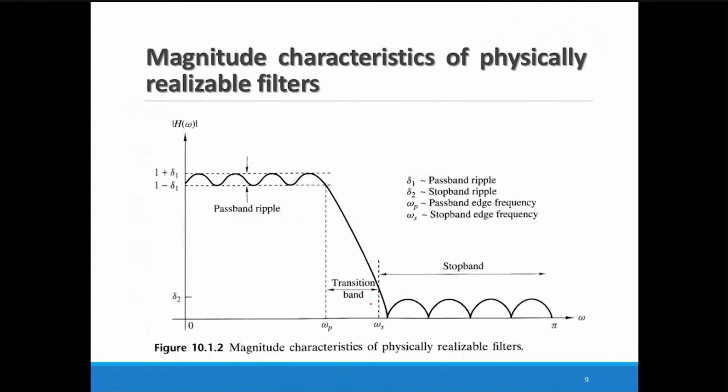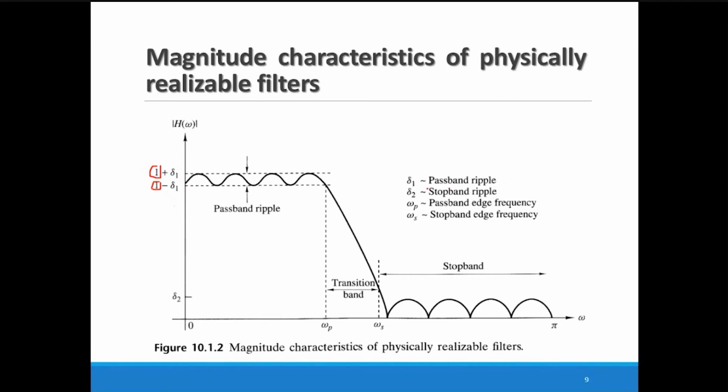This is the magnitude characteristic of the physically realizable filter. As we are allowing this, your passband has some ripples because you are not getting the constant value 1; you are allowing some changes, or the transition will occur. So your values are shifted from 1 either by delta 1 amount, either increased or reduced by delta 1.